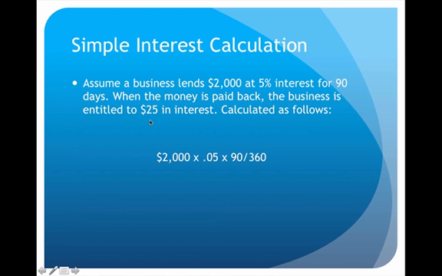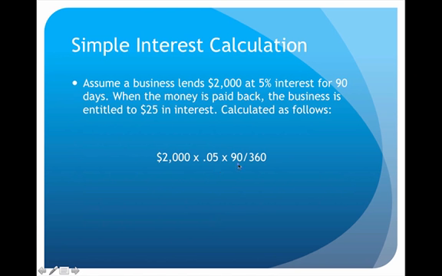And where does that $25 come from? It comes from the simple interest formula: principal times rate times time. So in this case, the principal is the $2,000 being borrowed. The rate is the 5% interest, and notice that for calculation purposes, I have that as a decimal. The decimal equivalent of 5% is 0.05.